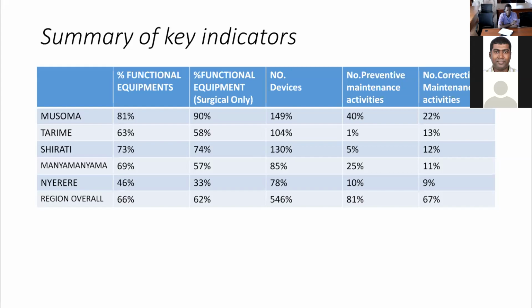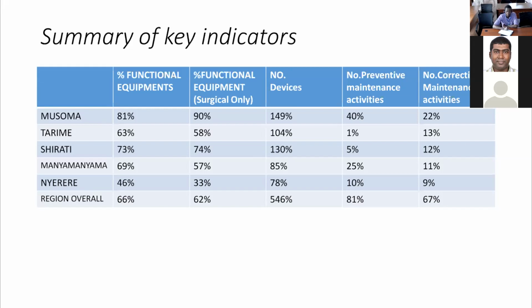The functional equipment, all the medical equipment in the hospitals, you can see in MUSOMA, we are having 81% functional equipment. And for the surgical unit, surgical department, the status is 90% of the functional equipment which are working in MUSOMA hospital.